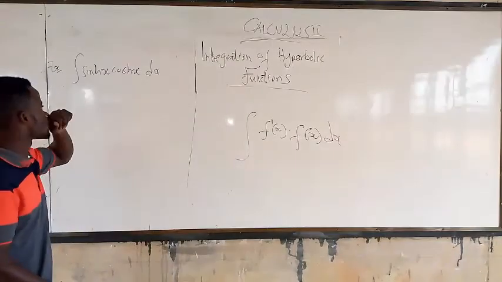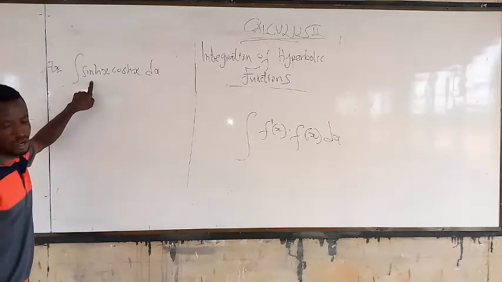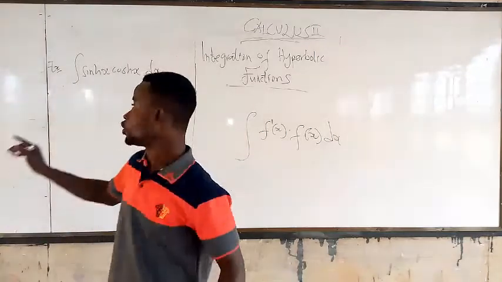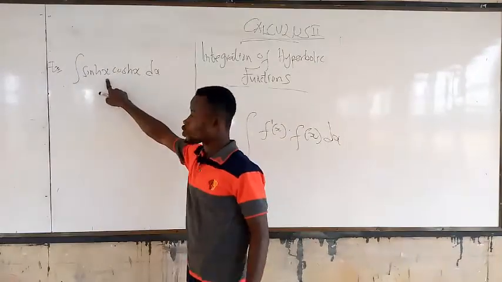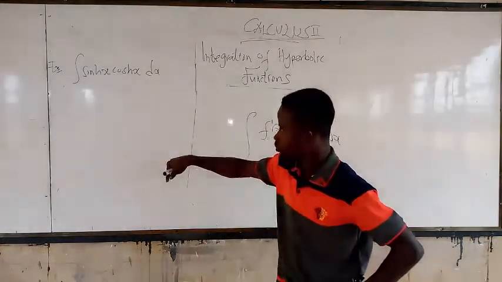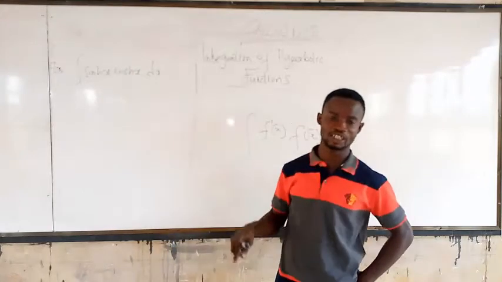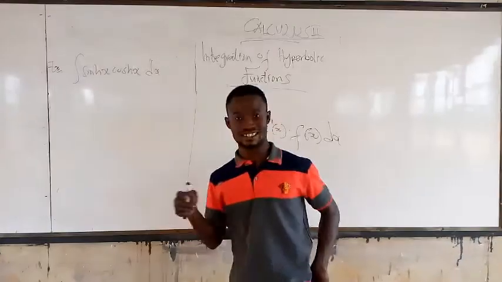Having this, you can see that whenever you differentiate sinh, you are going to get cosh, and whenever you differentiate cosh, you are going to get sinh.